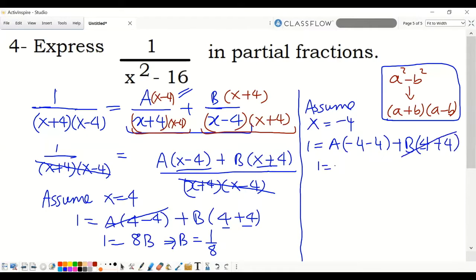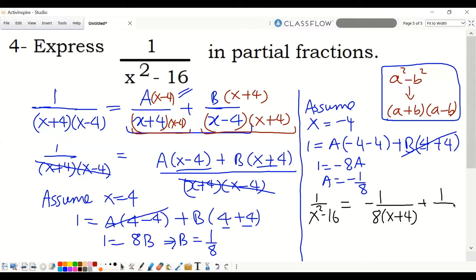So 1 equal to minus 8a, and a becomes minus 1 over 8. So the final answer for this particular question will be 1 over x squared minus 16 is actually minus 1 over 8 times x plus 4, plus 1 over 8 times x minus 4.